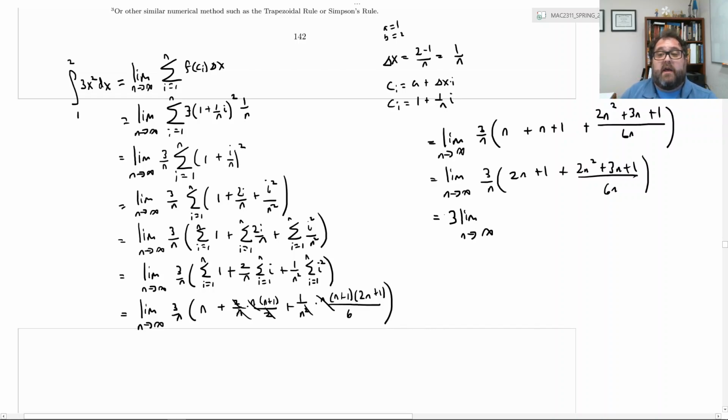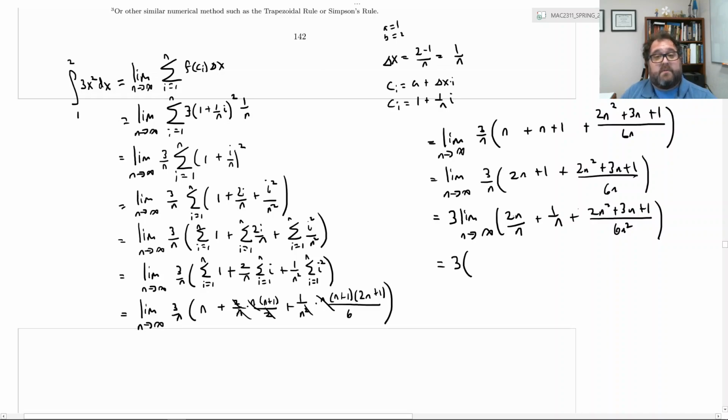I'm going to distribute a 1 over n, in other words, divide all my terms by n, and I get 2n over n plus 1 over n plus 2n squared plus 3n plus 1 over 6n squared. And now I can take the limit. So I have a 3 out front, and now let's take the limit.